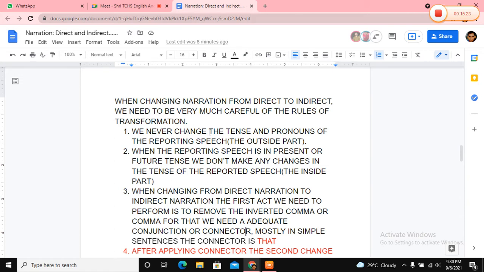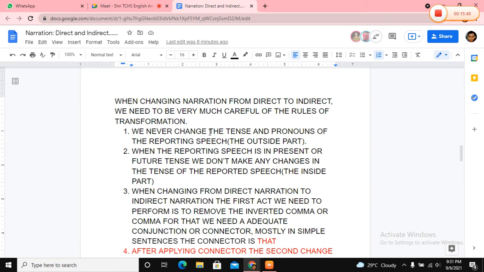Third rule, when changing from direct narration to indirect narration, the first act we need to perform is to remove the inverted comma or conjunction or comma. For that we need an adequate conjunction or connector.